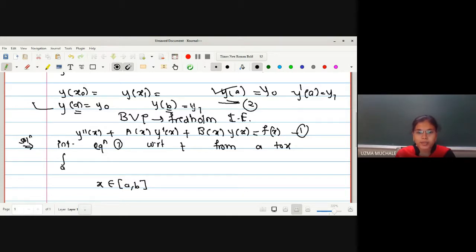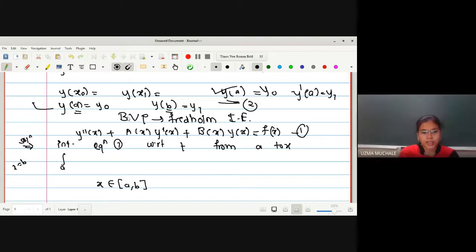After that, at some stage we are going to substitute x equal to b. Wherever there is x in that equation, we substitute x equal to b. At that time, that equation will be reduced to a Fredholm equation. So x is in the interval a to b, which means x can take a value from a to b. That's why we can substitute x equals b.